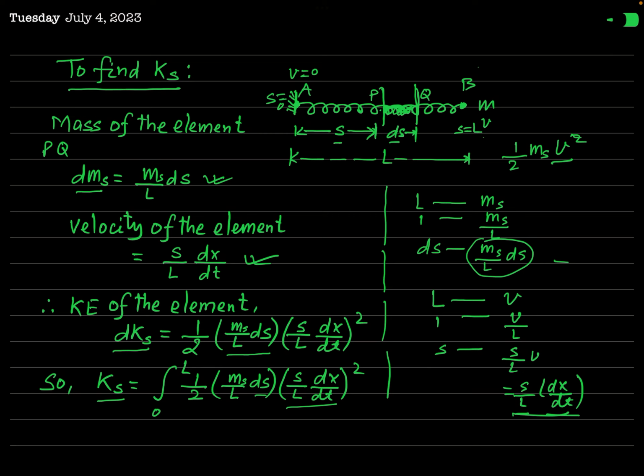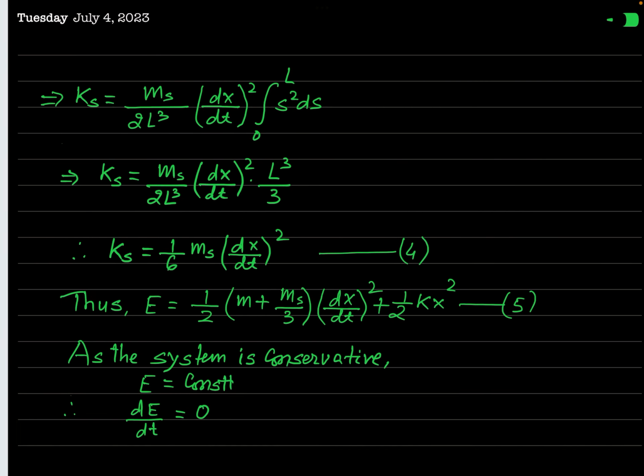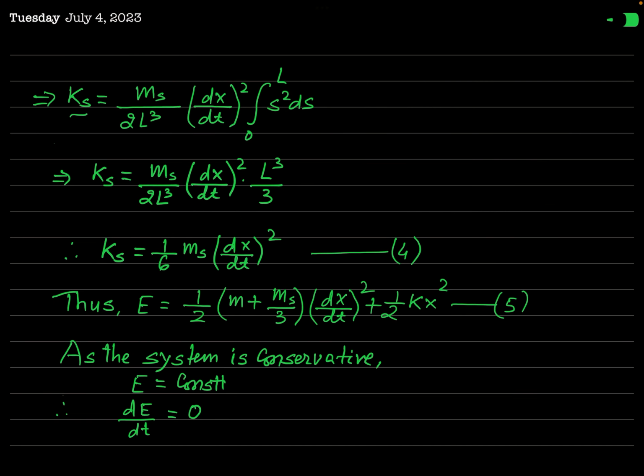So except for s and ds, every term is constant. So Ks will be equal to what? This will be ms over 2L cube times dx by dt, whole square, integral 0 to L of s square ds. Okay, and this integral will be L cube by 3.